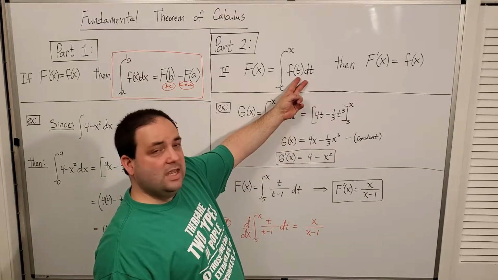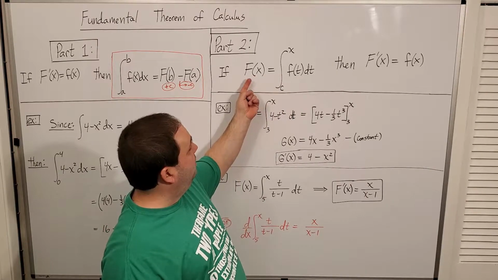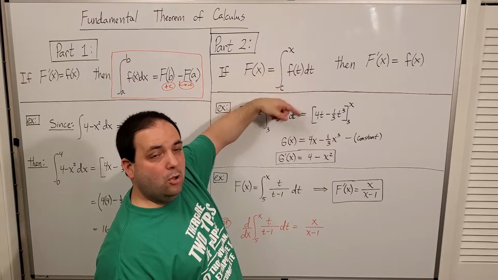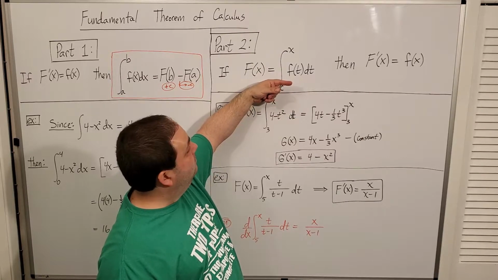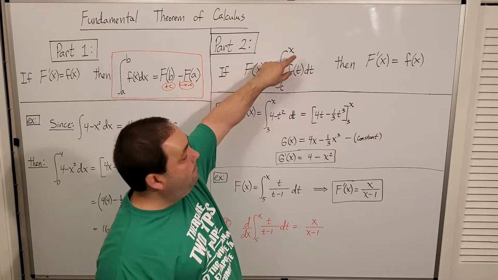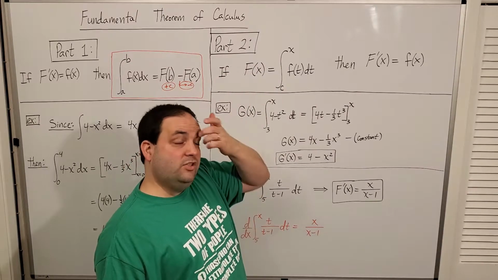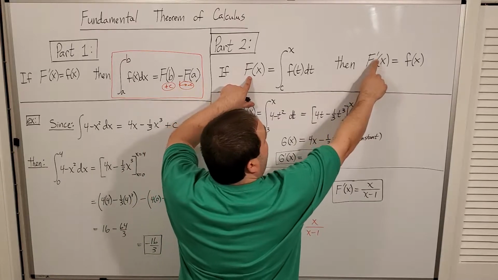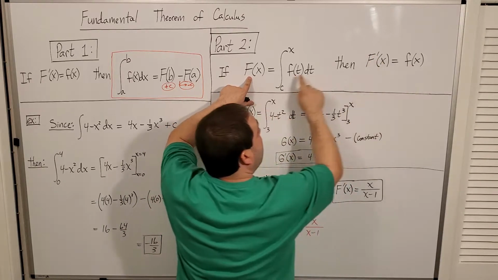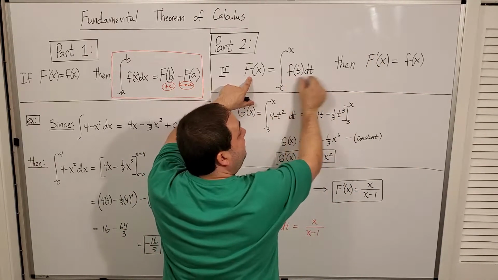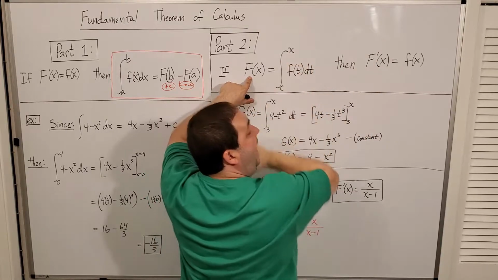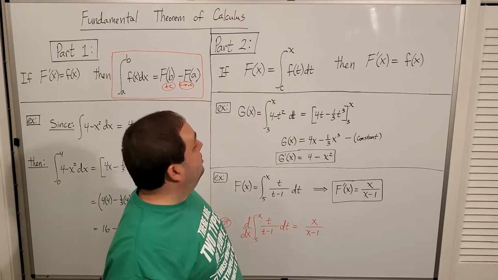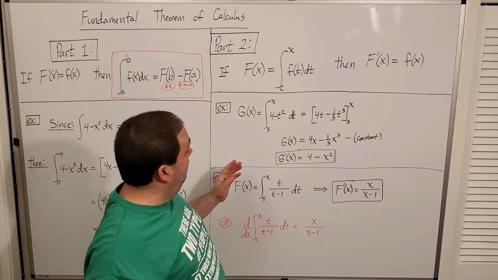But that t doesn't actually do anything for this function. The t is just how the integral is adding up all the function values. The x is the boundary number. So when I take a derivative of this capital F, all I get is the little function f evaluated at x.